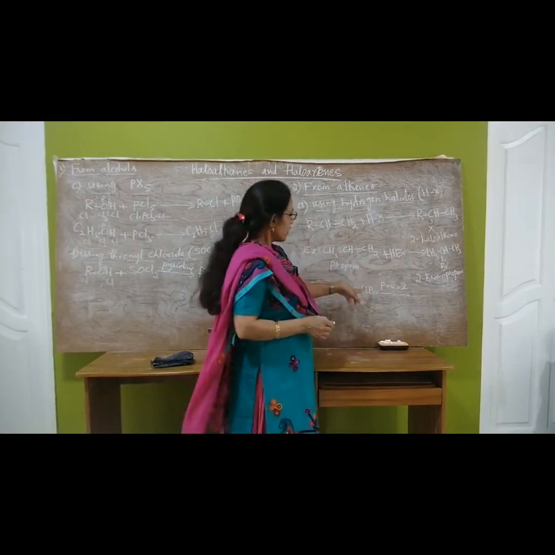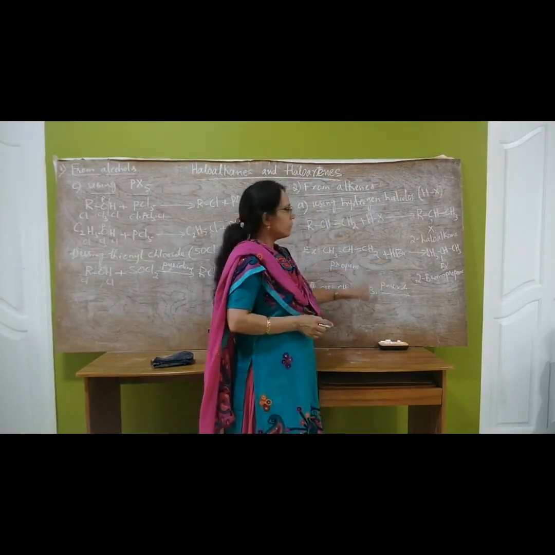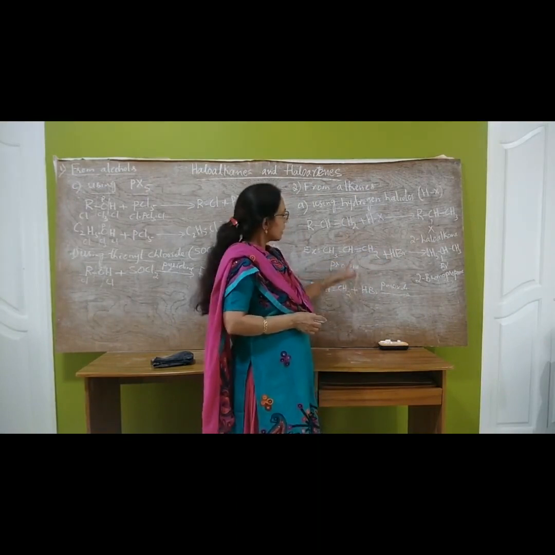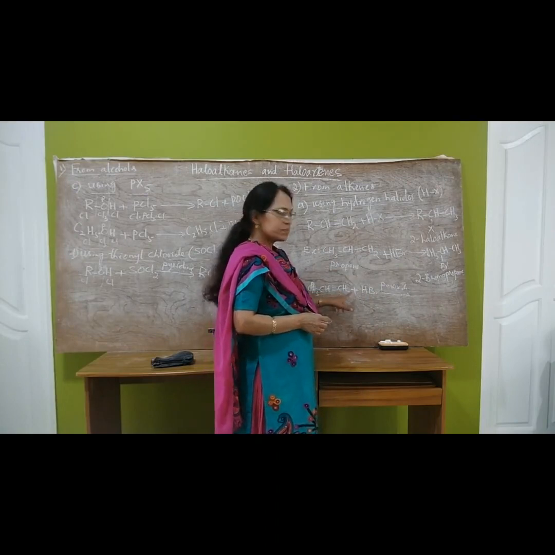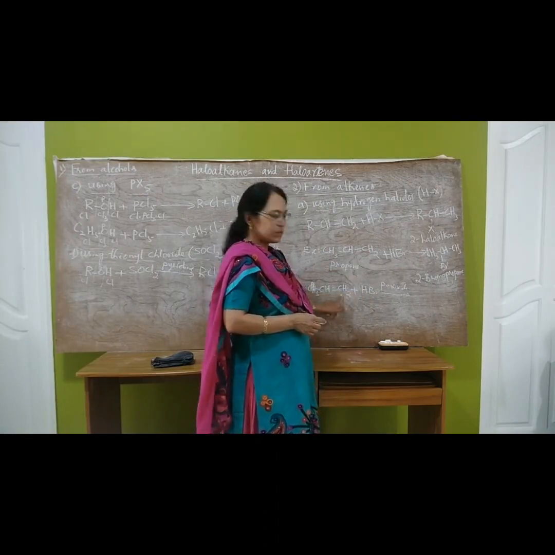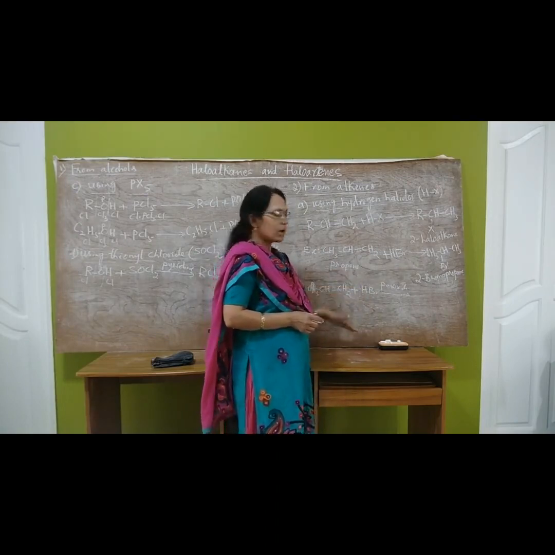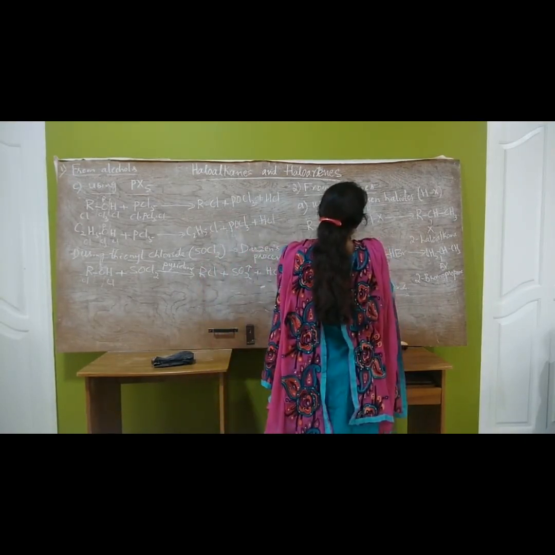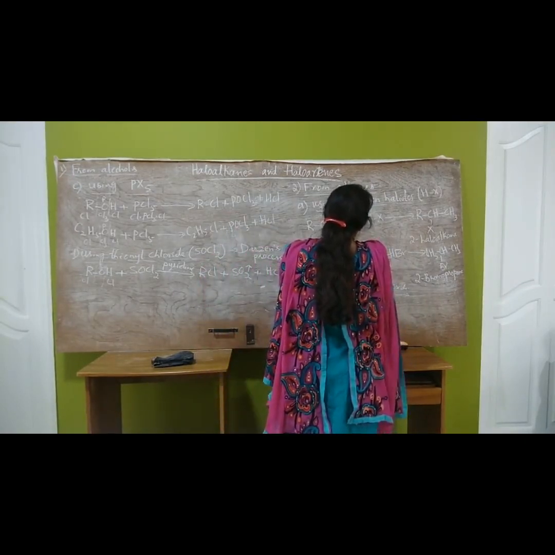If we use peroxide, the product will be 1-bromopropane, because this addition follows the anti-Markovnikov rule. Without peroxide, the reaction takes place according to Markovnikov's rule.